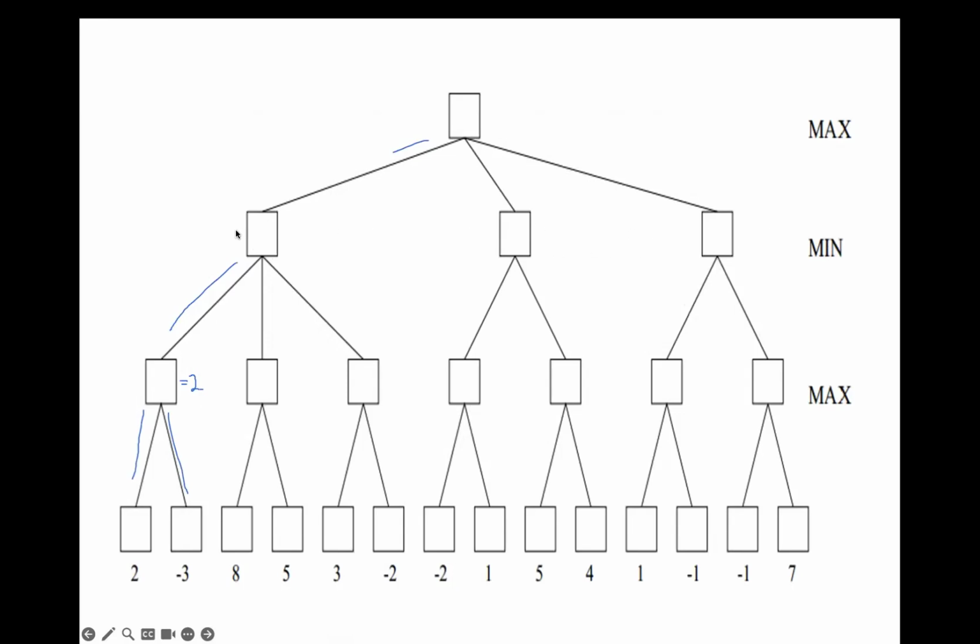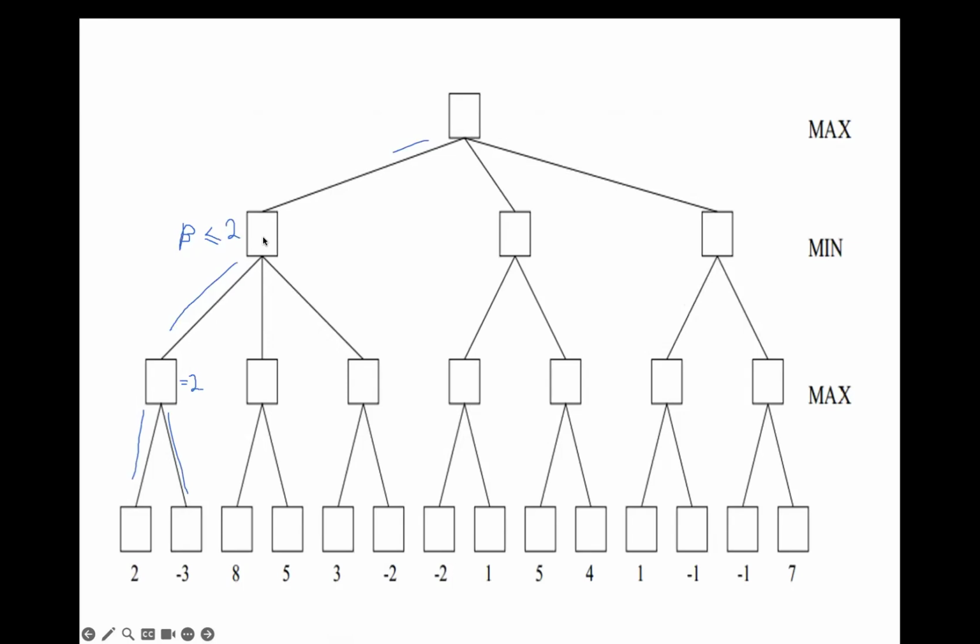So on the minimizing level, we're saying keep track of the lowest value you have seen so far. So far, we've only seen this value. But because we haven't yet considered these children, here we are just going to put a provisional value where we say we are expecting beta to be less than or equal to 2.